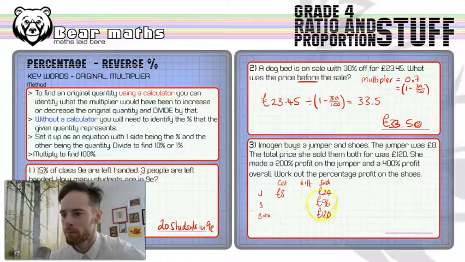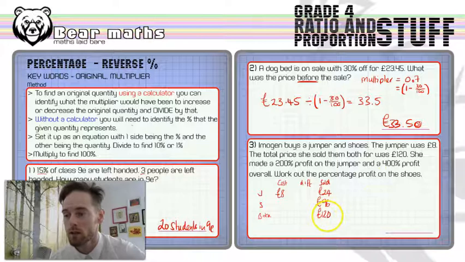So £120 is 400% profit, because that's the profit overall. This is the reverse percentage bit of the question. On the face of it, it didn't seem like it was reverse percentage, but there it is. So she's made 400% profit, and that is what that total is.